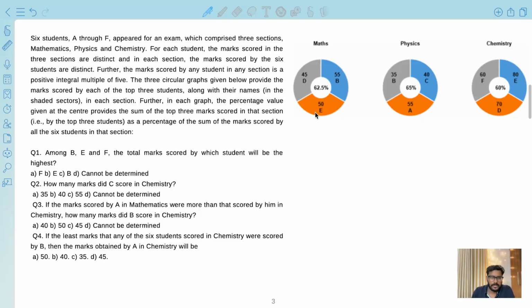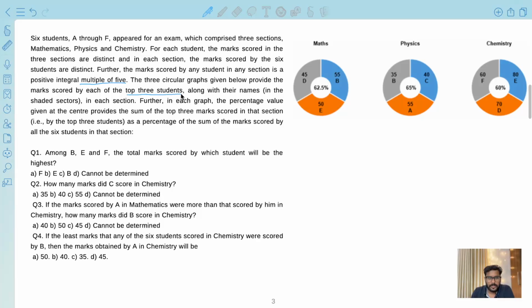Further, the marks scored by any student in any section is a positive integral multiple of 5. The three circular graphs given below provide the marks scored by each of the top three students.